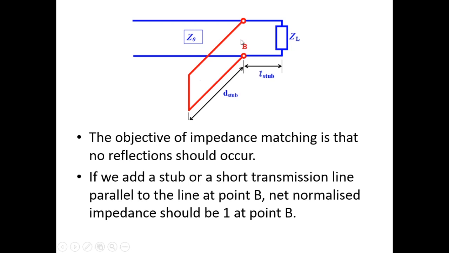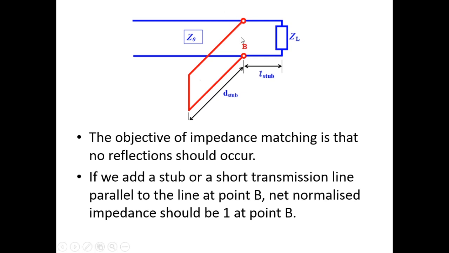Then only the normalized value Zin by Z0 is 1. So we take the point such that Zin is equal to Z0. It should be equivalent to the characteristic impedance. So we select the point B in that way.